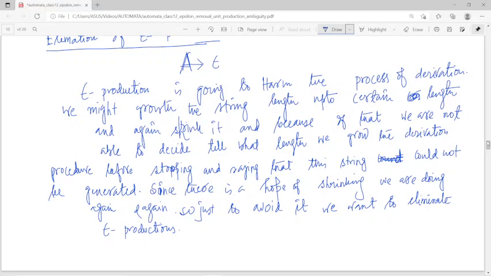We want to eliminate all epsilon productions. If the language itself contains epsilon, then there is a different procedure.